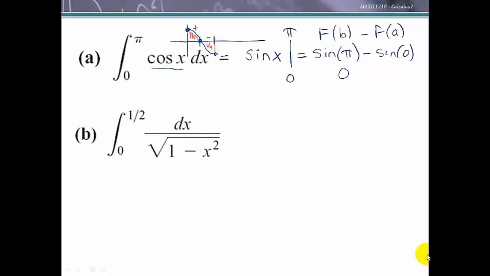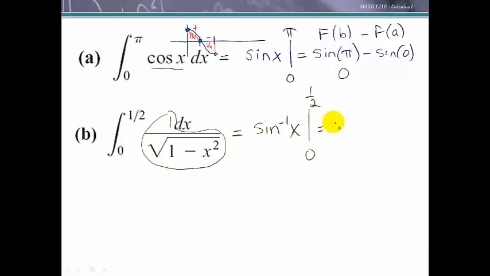Looking at another, we have the integral from 0 to 1/2 of 1 over square root of 1 minus x squared dx. So let's go ahead and think of what this is the derivative of. I'm looking for an antiderivative, and oh, I recognize that as inverse sine. So it needs to be evaluated from 0 to 1/2. So now we'll evaluate that.